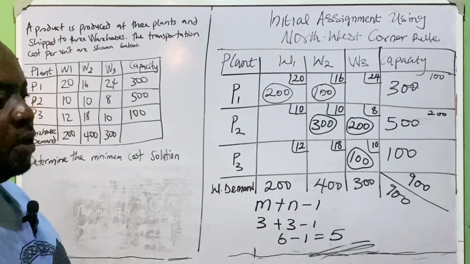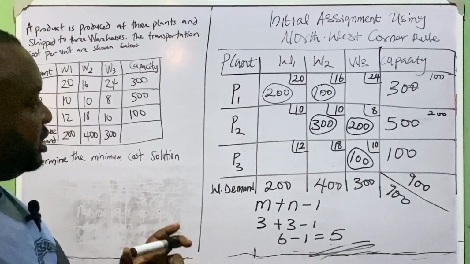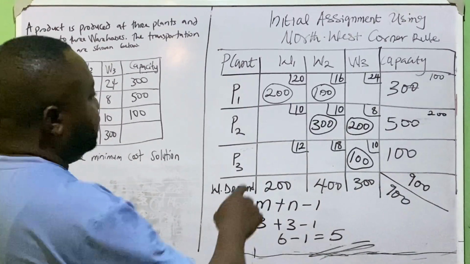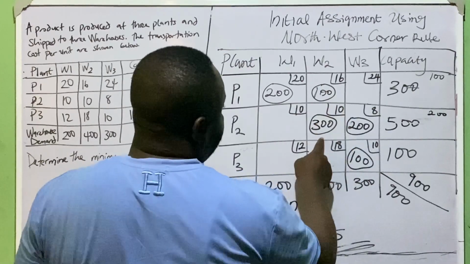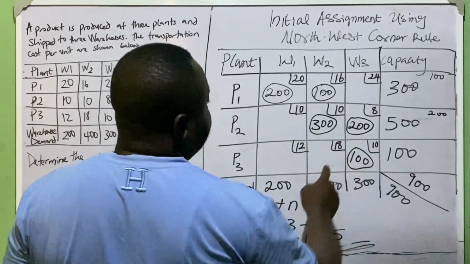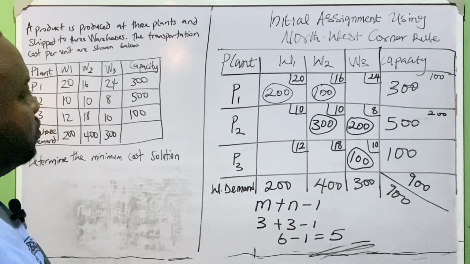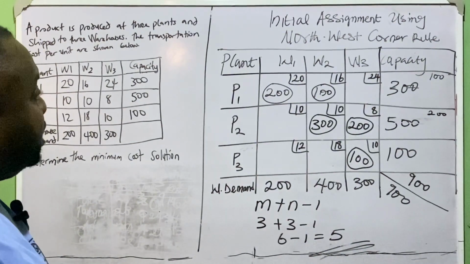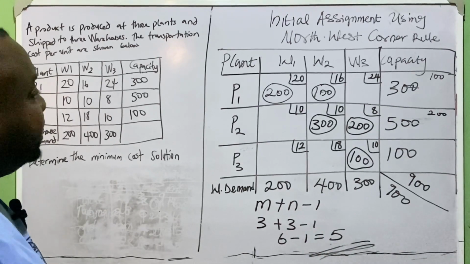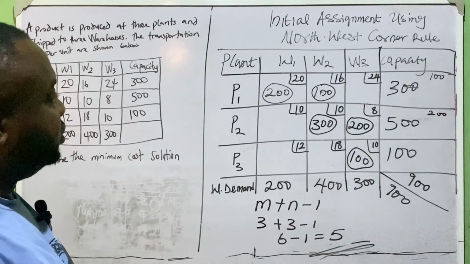If you have more or less, it means that there is a problem somewhere. So we have 1, 2, 3, 4, and 5 cells occupied, which means that our case is not a degenerate one, and we can attain optimality with this when we continue with other iterations.